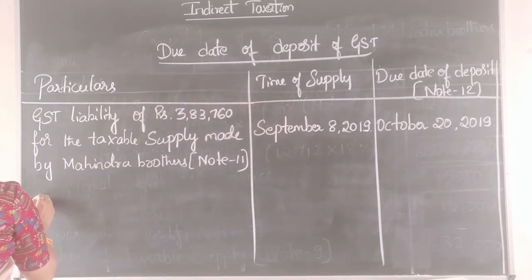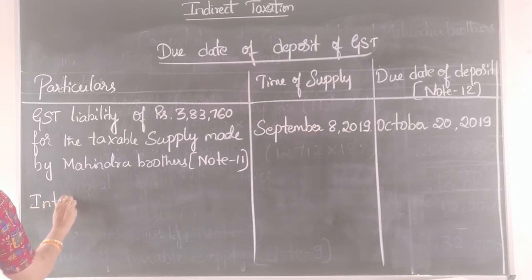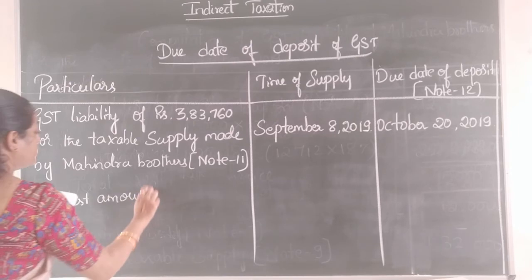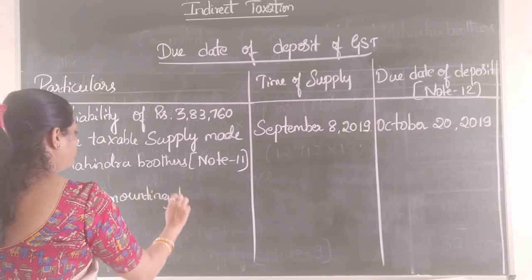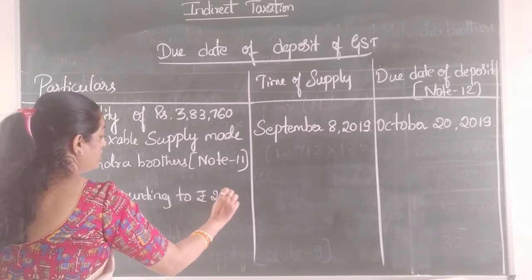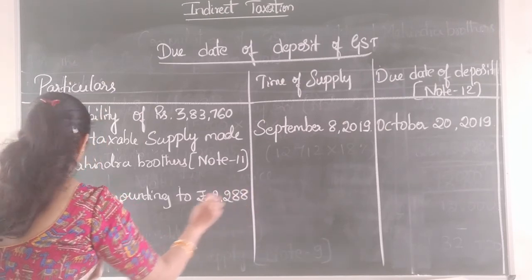Okay, second, the IGST which we have calculated in the month of November on interest amounting to rupees 2,288.